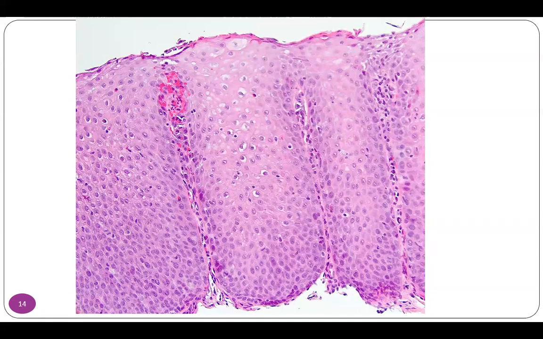Eosinophils are really important in the diagnosis of reflux. It's extremely rare to see eosinophils in normal squamous epithelium. We can see rare eosinophils, but if we see more than that, it's a good sign for reflux disease.